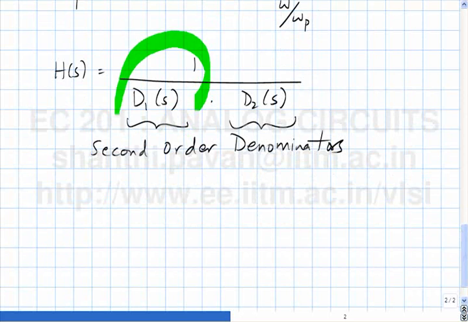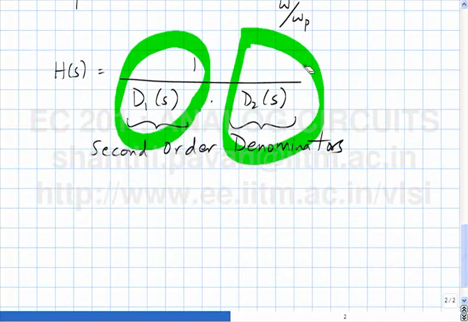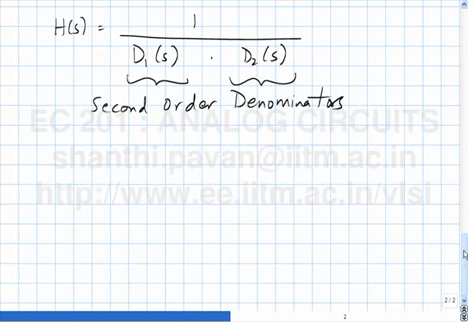So as you said, I will realize 1 over D1(s) and 1 over D2(s), and the question is, if I cascade the two, am I alright or is there a problem? You can cascade. Why?